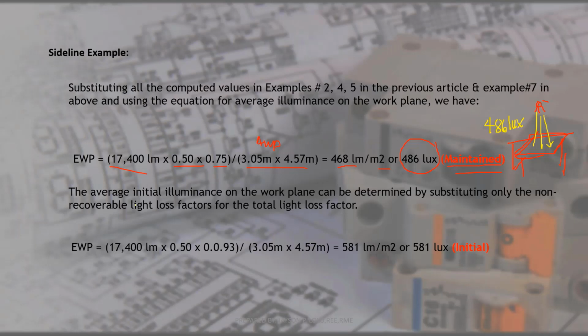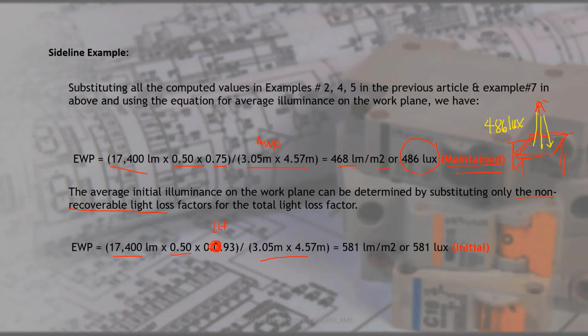Okay, so the average initial illuminance of the work plane can be determined by substituting only the non-recoverable light factors, so you can see the initial. So earlier 7,400, 0.50, then the LLF you will use is the non-recoverable, so 0.93. Sorry for that, 0.93.